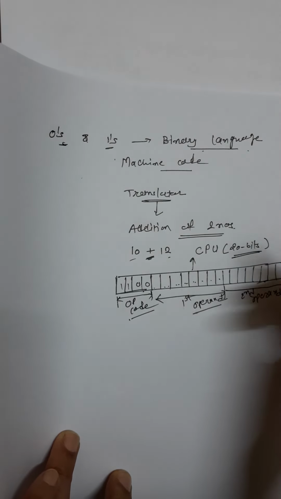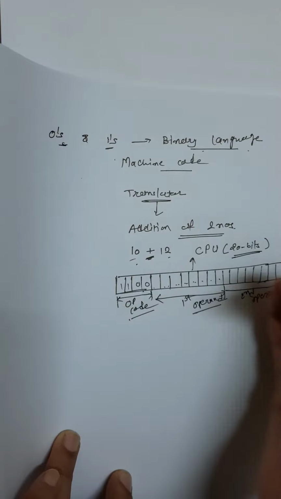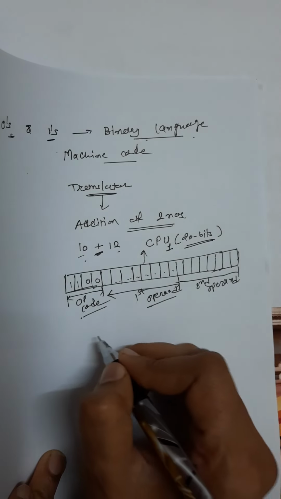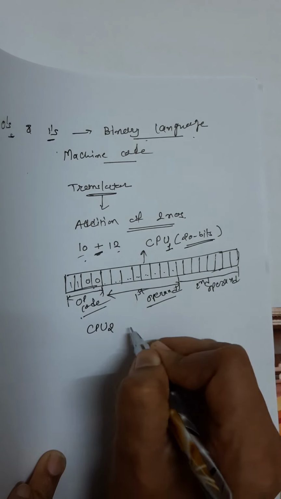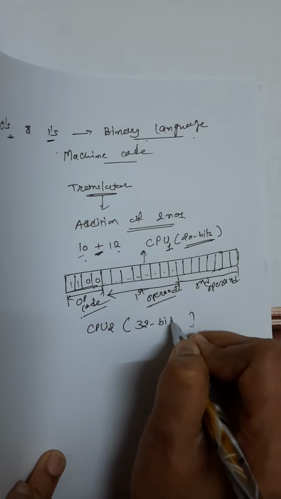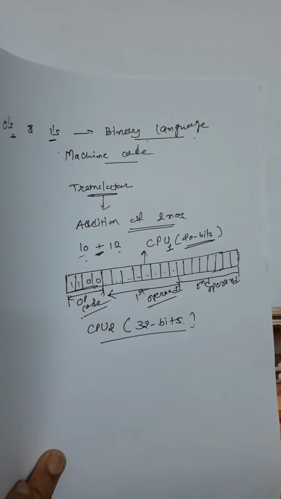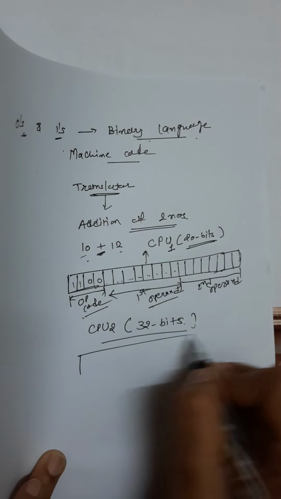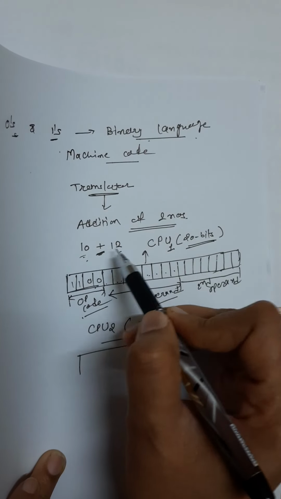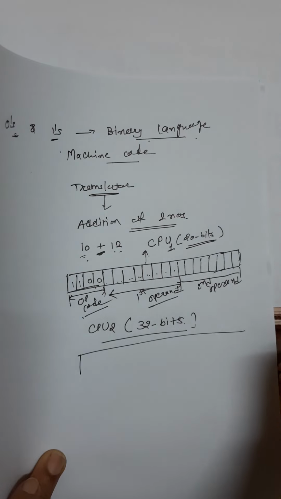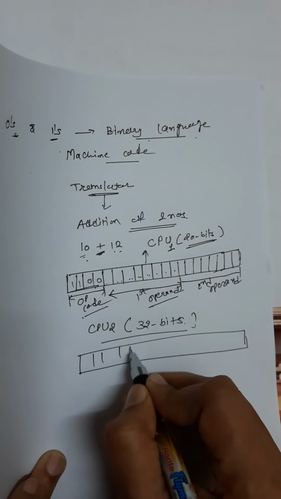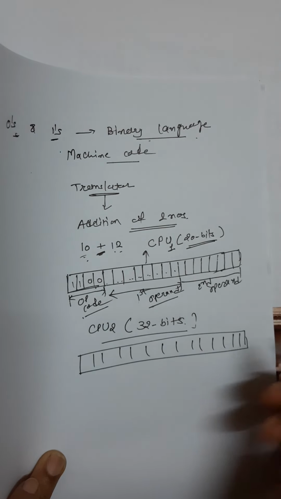Now I want to execute this program on another CPU, CPU2, which is executing instruction sets of 32 bits. Here the command which you have written to perform the addition of two numbers will have to change, because it is executing an instruction set containing 32 bits.